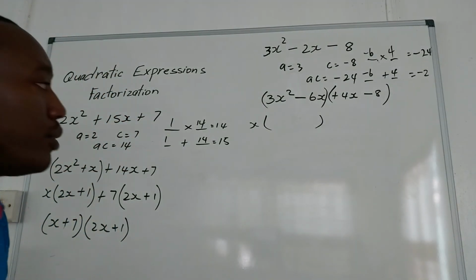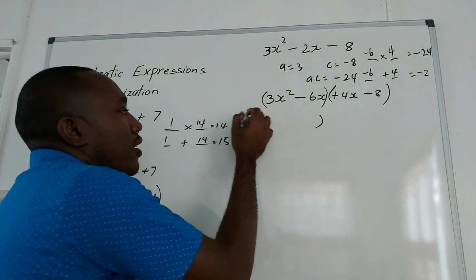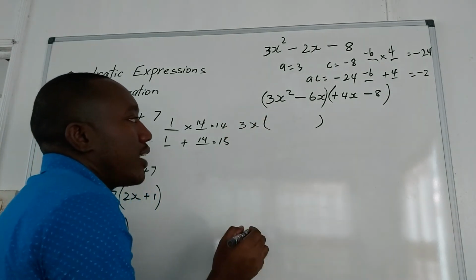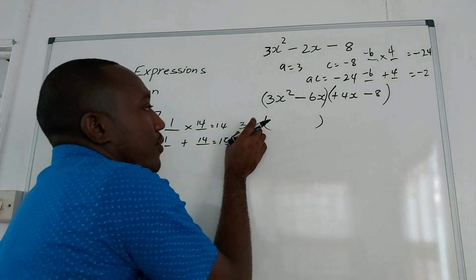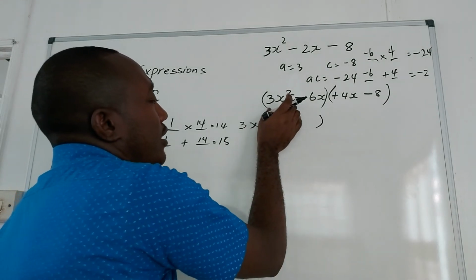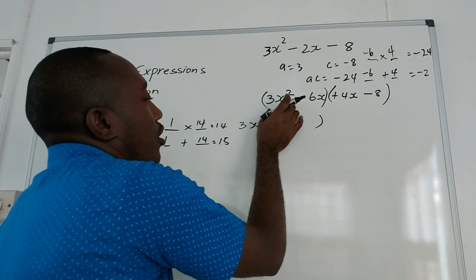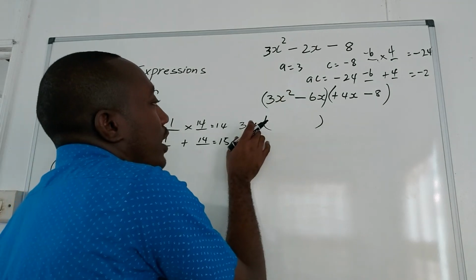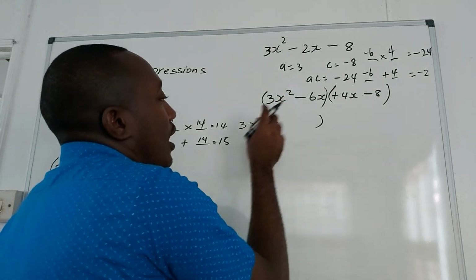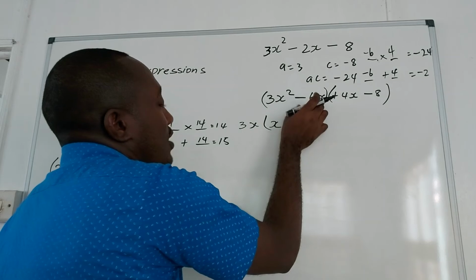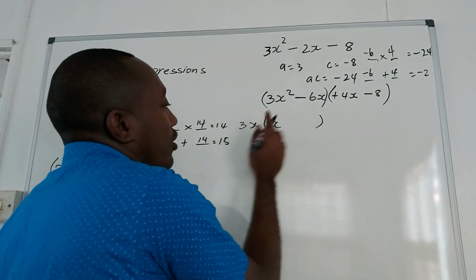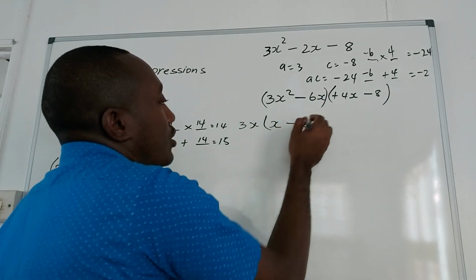Yes, that will be 3. So our common factor will be 3x. So 3x squared divided by 3x will give us x. And negative 6x divided by 3x will give us minus 2.